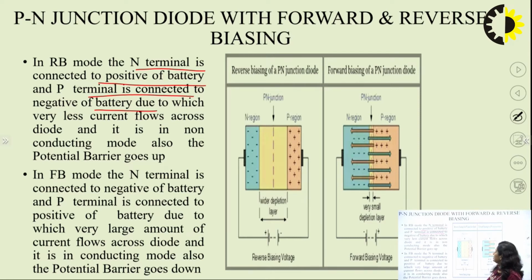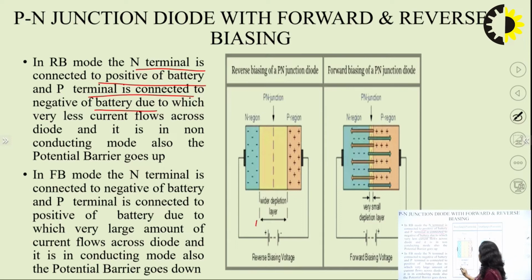The electrons will get attracted to the positive terminal of the battery, and the holes will be attracted to the negative terminal of the battery, and the depletion region will become wider here.